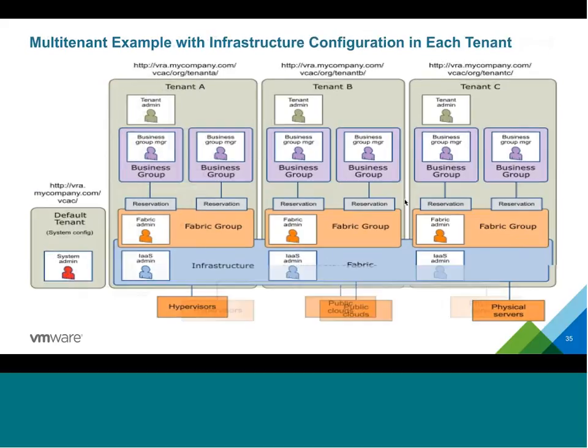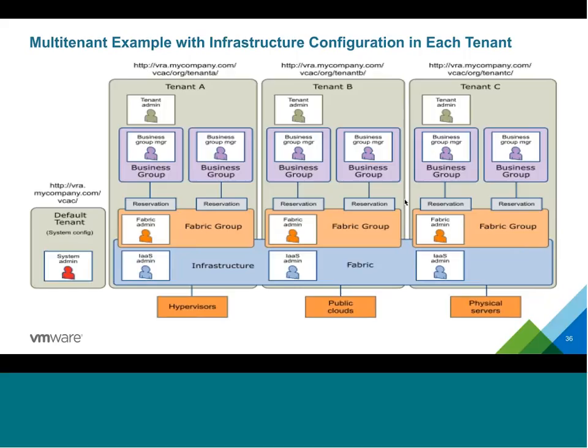And if you want to have an infra admin at each level, one thing you need to understand is that in the vRA environment, the endpoints are pretty much similar for all of them. So the infra admin or the IaaS admin can see the entire resources. The fabric groups that you create are the small chunks of the resources. But whoever is the infra admin, they can see that entire environment, right?